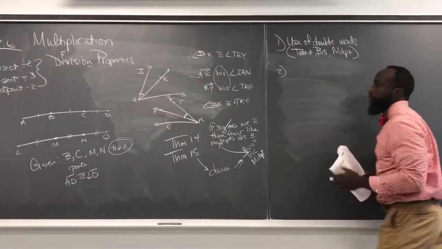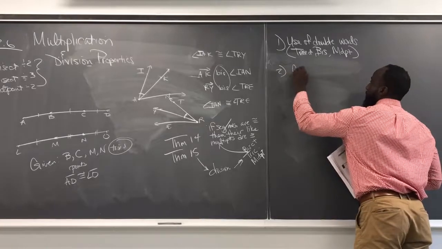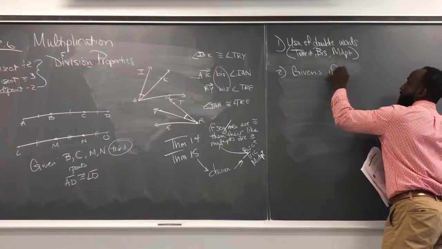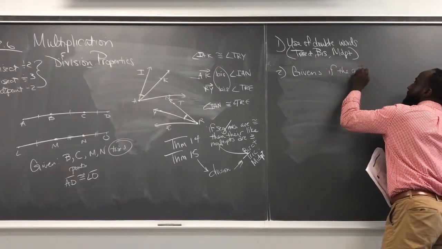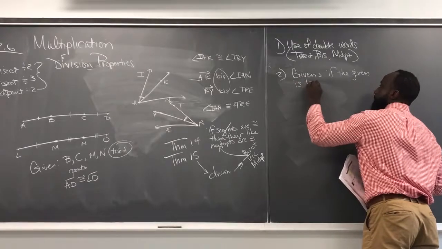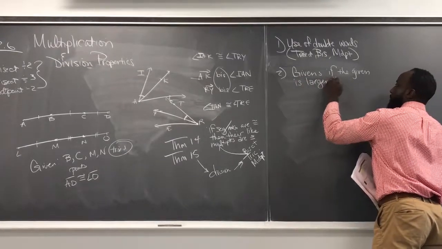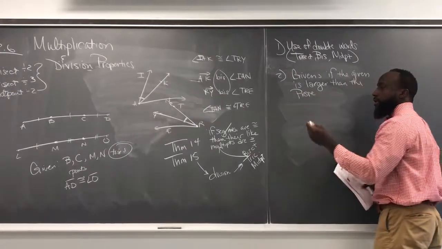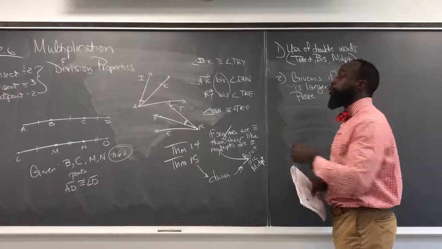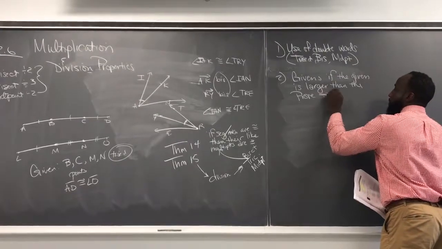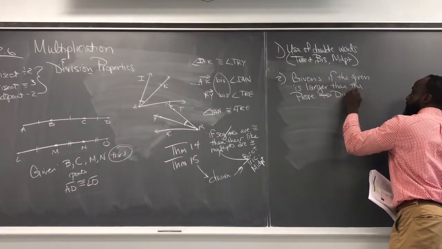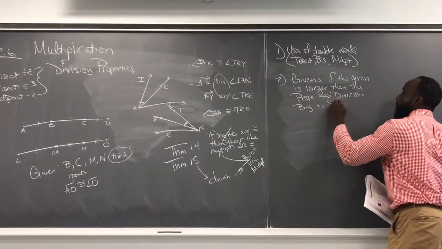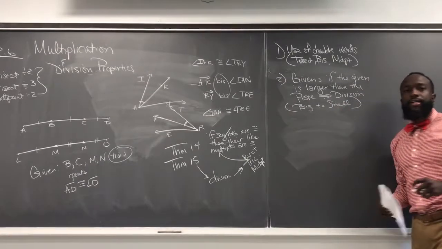The second thing you want to look for is your givens, right? Look at your givens. If the given is larger than the proof, or your conclusion, that means that's division, right? That means you went from big to small. Big to small, that's division, right?